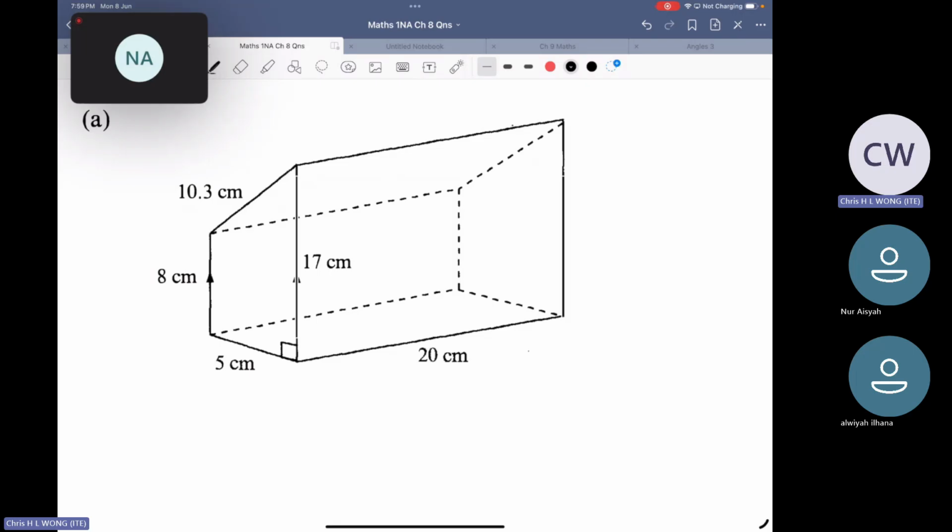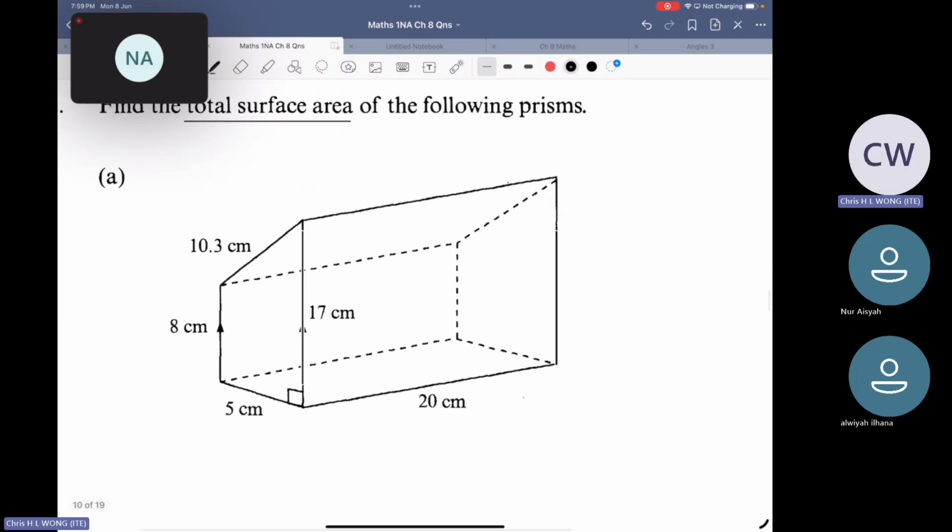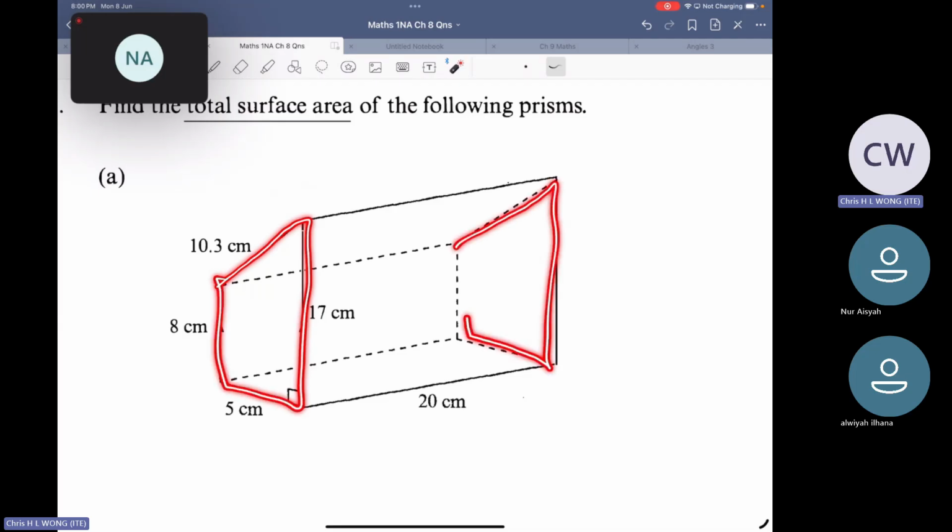Now, in order to do this, you are supposed to find the total surface area. Wow, that's quite big, you know. You can calculate how many areas there are. One, behind, same. Two, right?